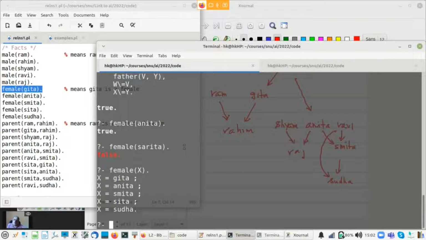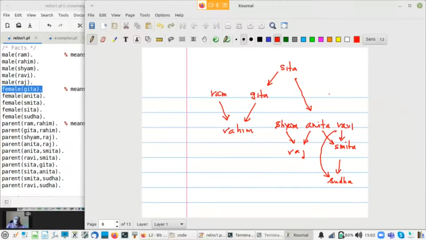Okay. Now let us look at something else. You can say, for example, mother X Y. If you look at this graph here, you have a lot of mother relationships.